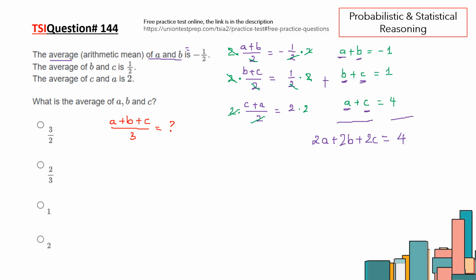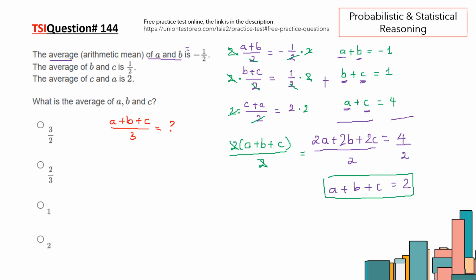Now if you reduce by a factor of 2, you have A plus B plus C equals 2. On the top you have 2 times A plus B plus C, and that 2 cancels. That's why A plus B plus C equals 2.